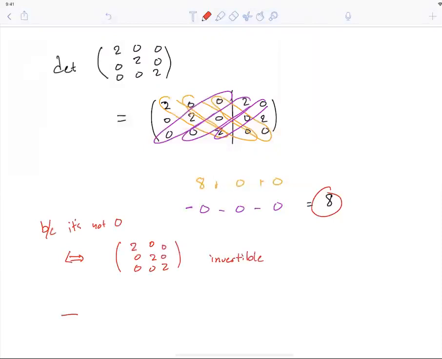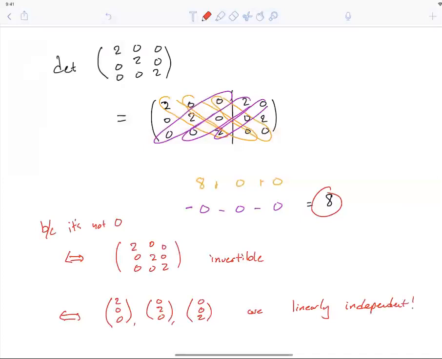And this also tells us, and this probably is a little more obvious just from eyeballing it, that in fact, these vectors are linearly independent. So that's why we care about the determinant and why we calculated it.